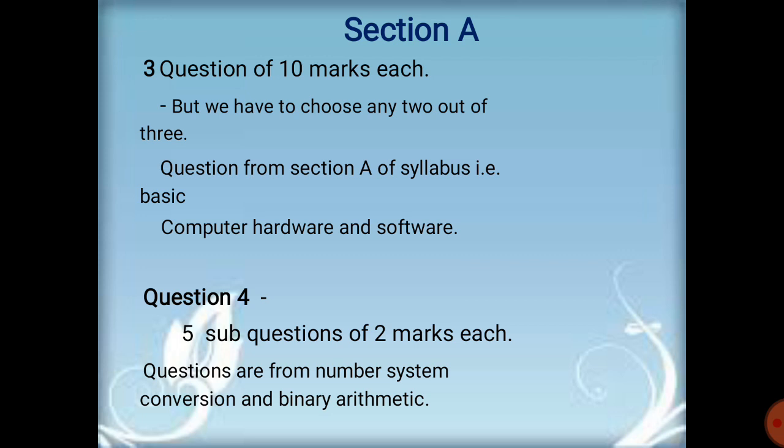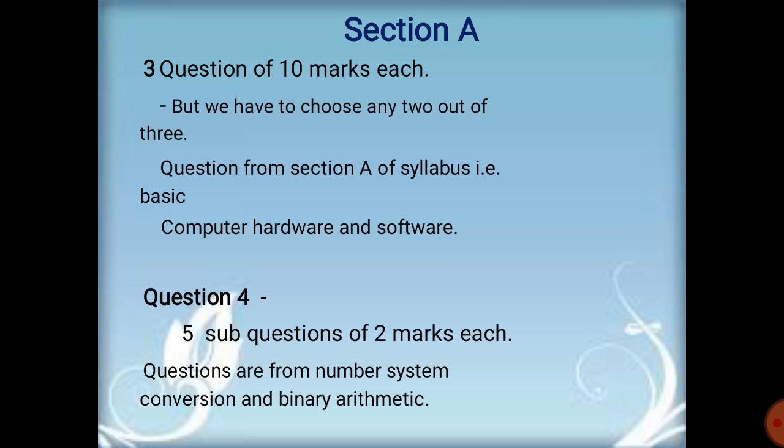All the questions of this section are from section A of the syllabus, that is basic computer hardware and software. Question 4 of this section A is of 10 marks and it contains 5 sub questions of 2 marks each.